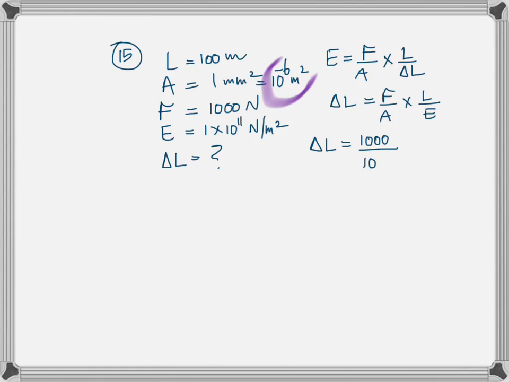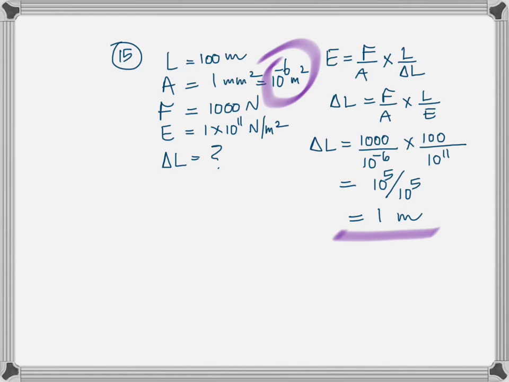Did you notice? That is dividing by 1000 times 1000, which is dividing by 10 to the power 6. So it's multiplying by 10 to the negative 6. Get used to that. So 10 to the negative 6 times 100 divided by, which gives you 10 to the 5 divided by 10 to the 5, 1 meter.